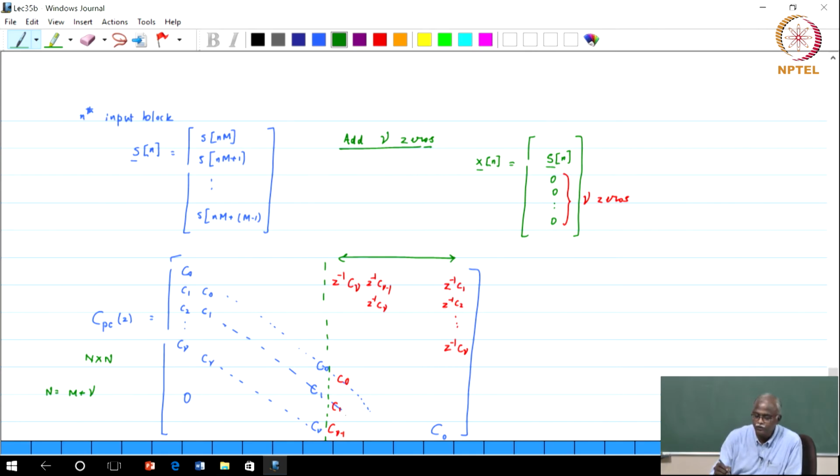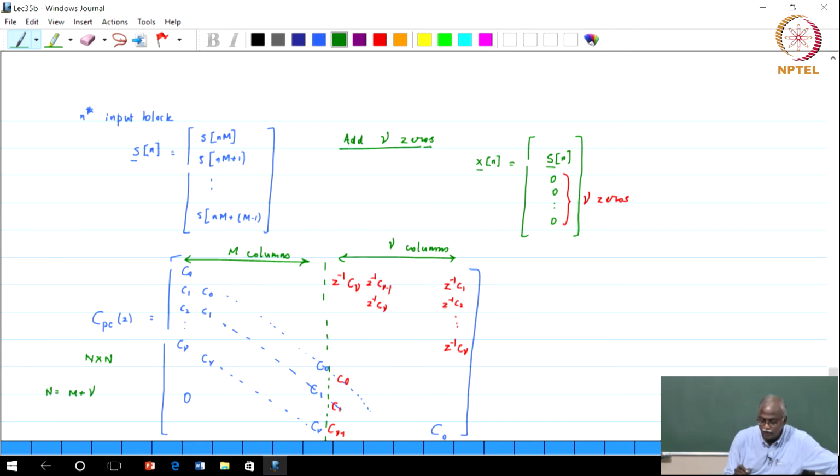So, it is actually nu columns. This is nu columns. Okay. If that is nu, then this one has to be M columns. So, it is an N cross N matrix where there is a banded Toeplitz structure for the first M columns, and then after that the pseudo circulant effect starts to kick in. Okay.